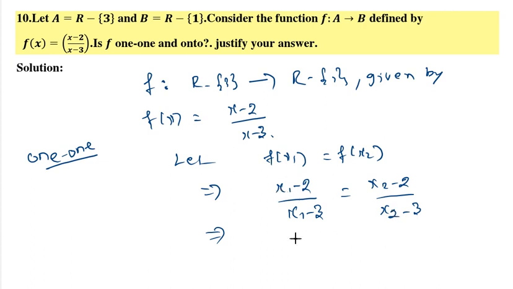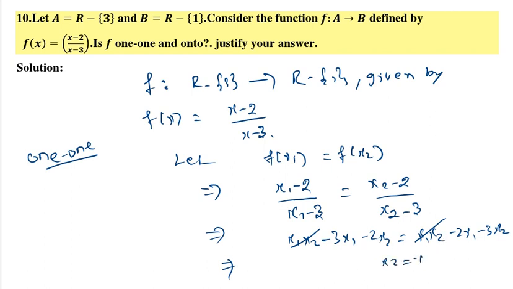Just cross multiply: x1 x2 minus 3x1 minus 2x2, equals x1 x2 minus 2x1 minus 3x2. This and this cancel. Then minus 3x1 here, minus 2x1. So after rearrangement we can get x2 equal to x1. Therefore we can conclude the function f is 1 to 1.